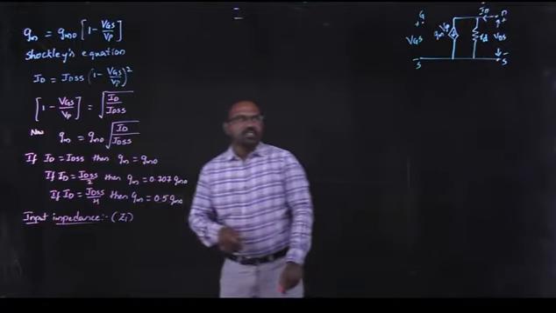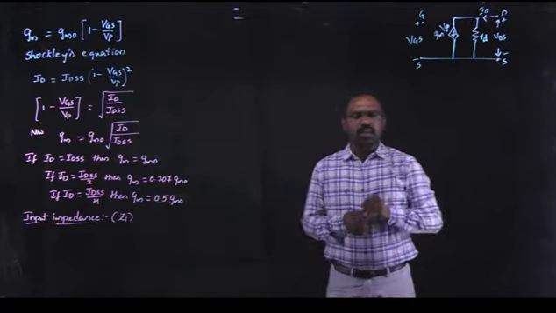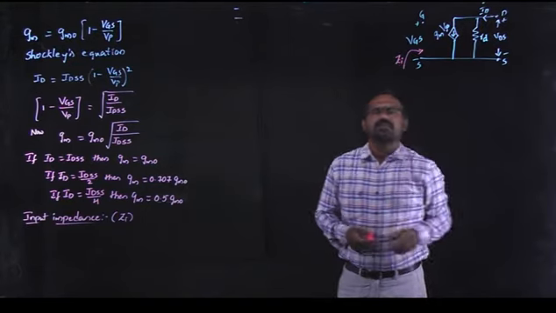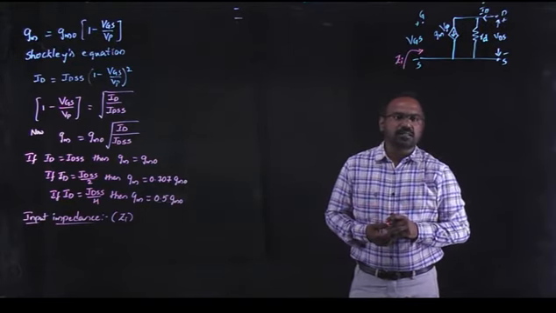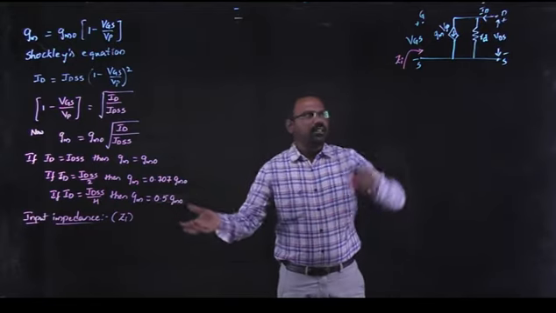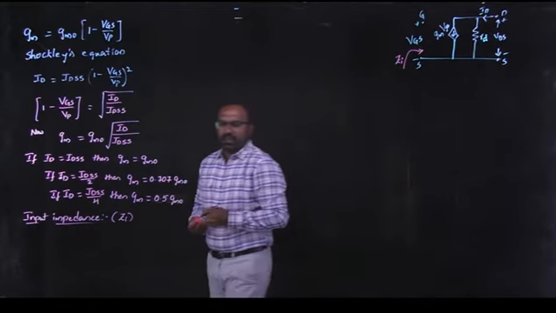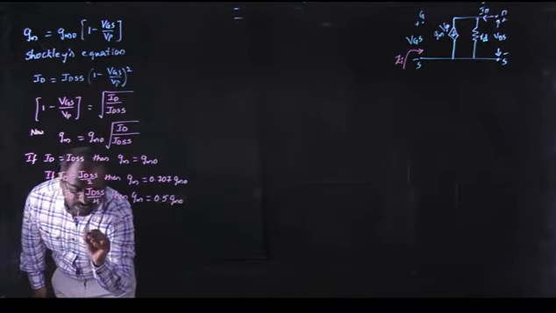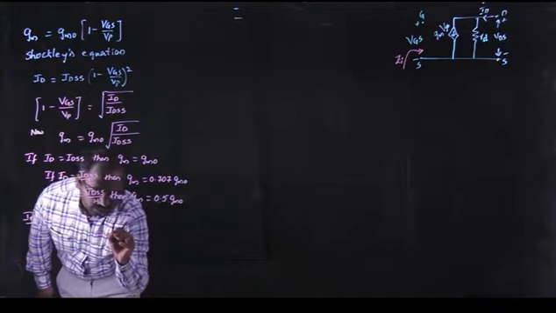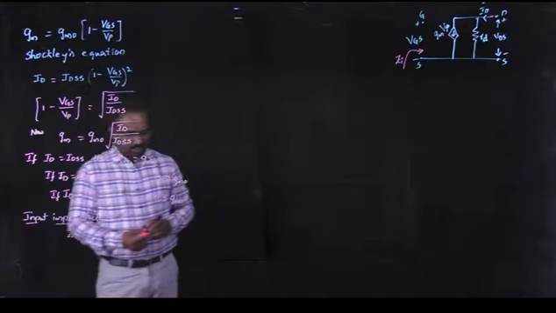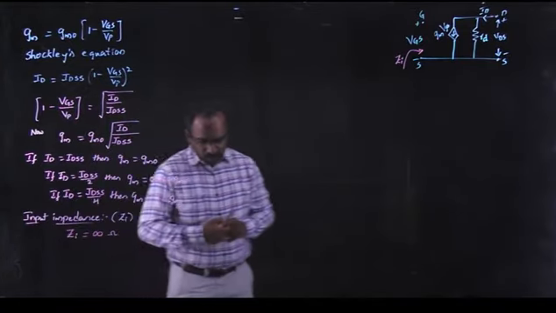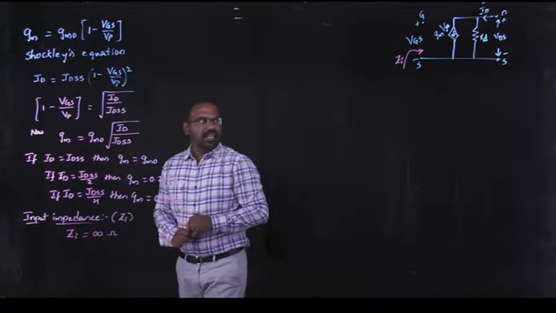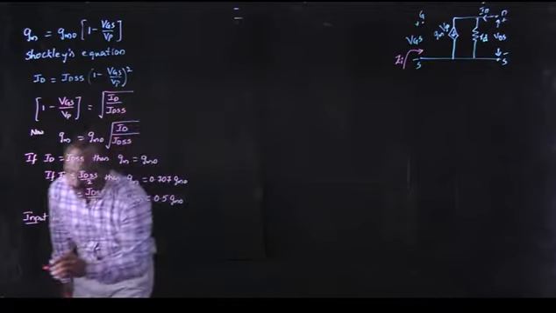From this circuit diagram, the input impedance is seen between the gate and source terminals, Zi. Do we have any input resistance here? It is open circuited. That means the input impedance Zi will be equal to infinite ohms. And similarly, we can calculate the output impedance.